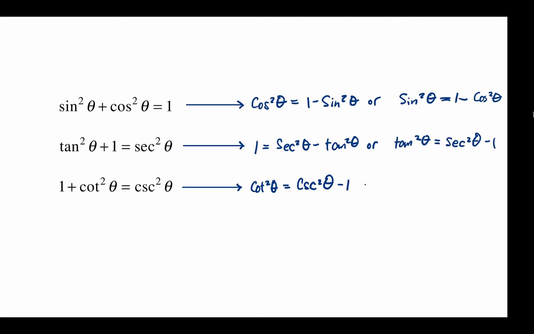Or the other thing that you can do is you can write it as 1 is cosecant squared theta minus cotangent squared theta. So a few different versions of the same identity. So just keep that in mind as we're doing these identities.